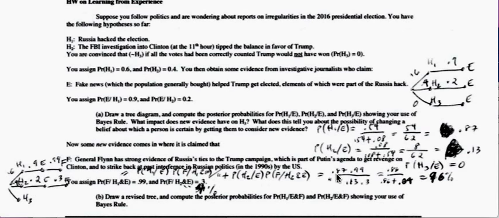It'll be 0.87 times these new numbers, 0.99, divided by the same plus the opposite, which was 0.13 that you calculated here, times 0.3, which is the new thing there. So again, the idea is you take what you calculated here and you input it back into the new Bayes equation. This is the only part that's new, and you should be able to do that.